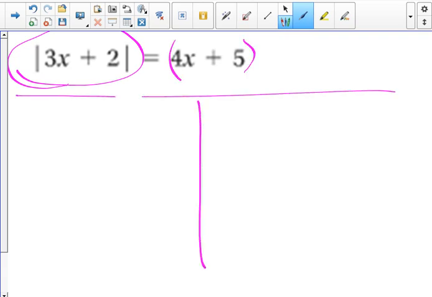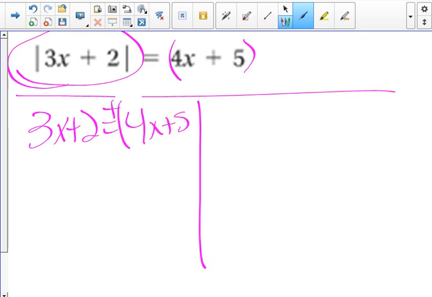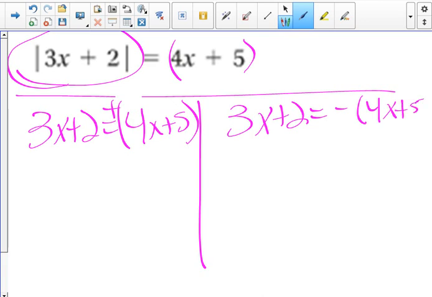Well, you have to put that in parentheses. So we're going to go 3x plus 2 equal the positive 4x plus 5, and 3x plus 2 equal the negative of 4x plus 5.